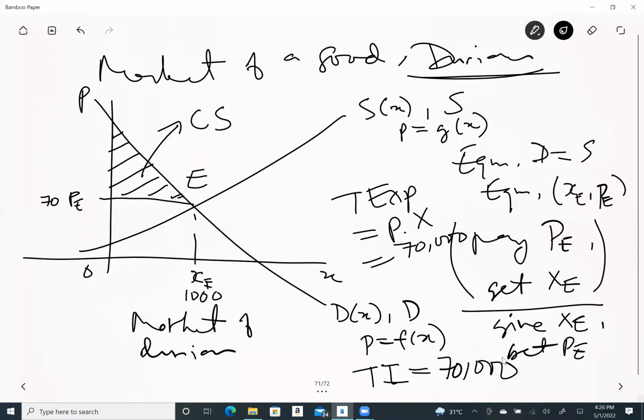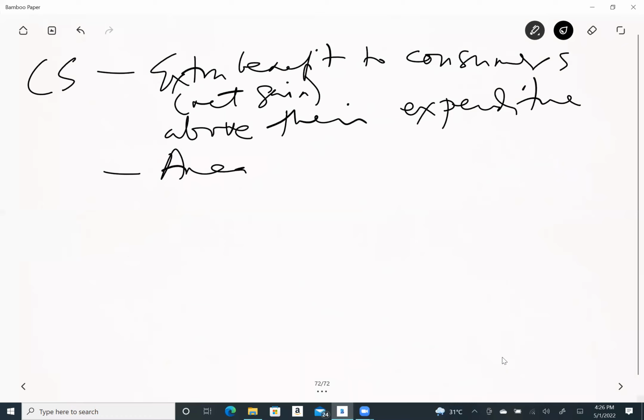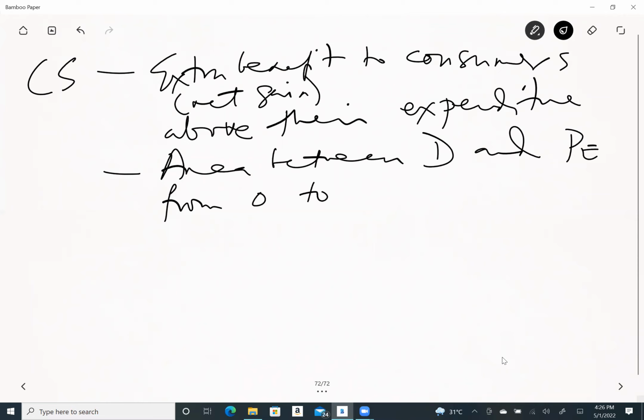So what is it? It's the area under the demand curve above the market price. It's the area between the demand curve and the market price, from 0 to XE. So we are talking about the interval 0 to XE. That is the area under the demand above the equilibrium price, or the area between the demand function and the equilibrium price.